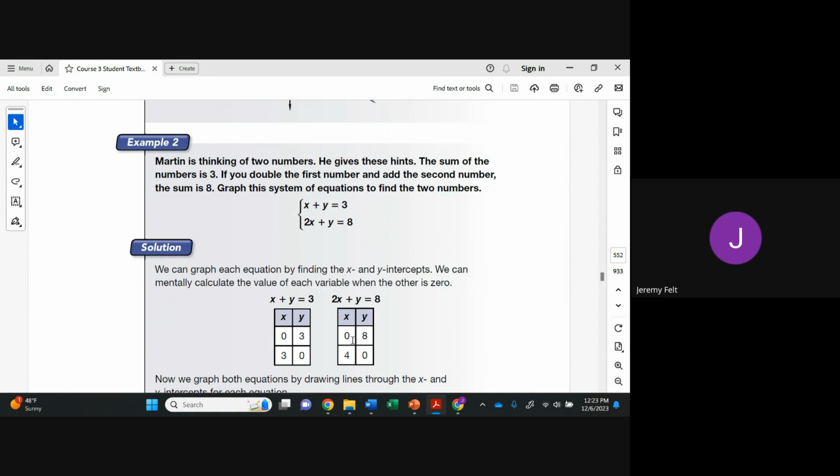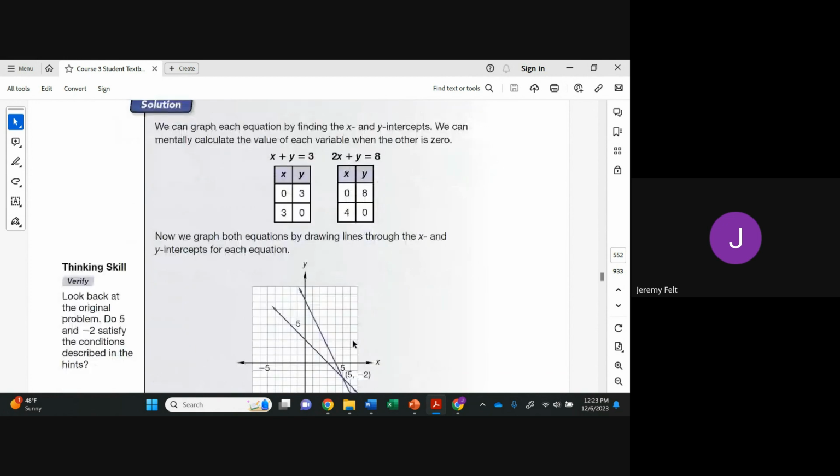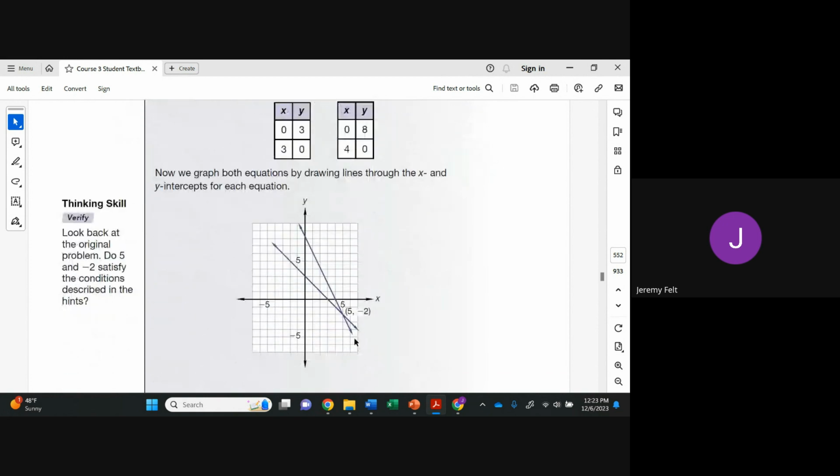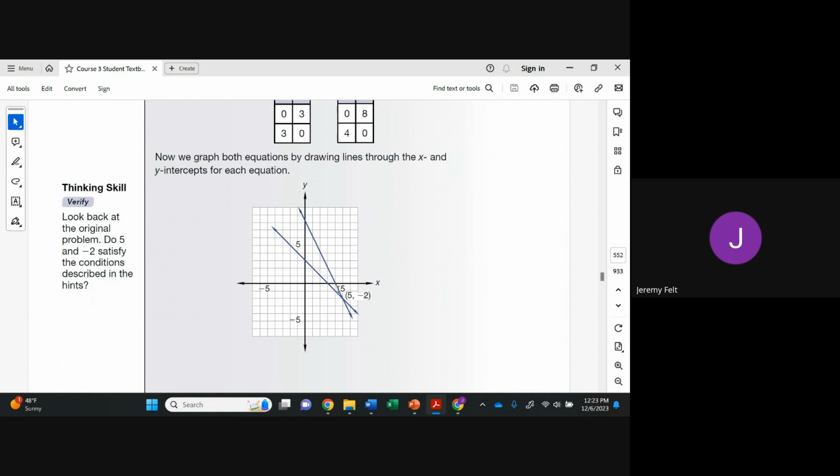So we're not done yet, but we're able to graph both of those lines. I'd recommend using graph paper just so it's accurate. If you're doing it by hand and your scales aren't perfectly drawn, then it may be difficult to tell exactly where they cross. Also, you could graph these in your calculator. Again, you've got to put it in y equals mx plus b form in order to do that.